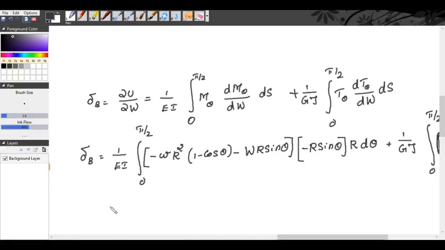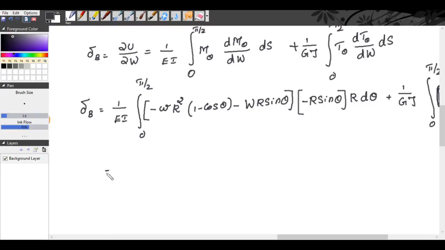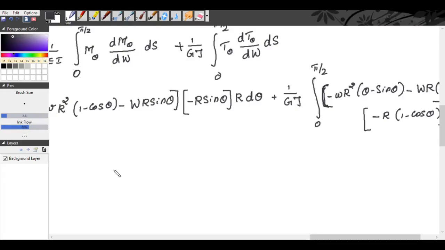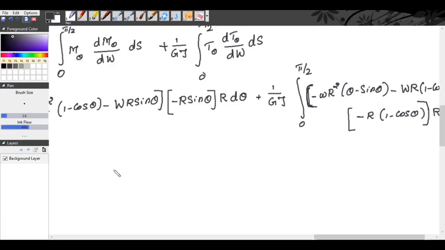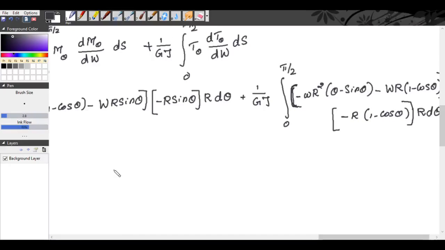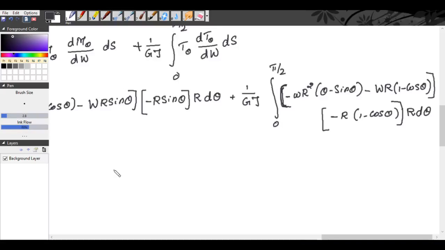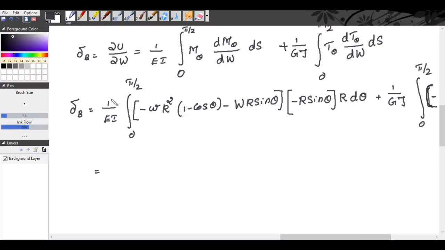So this is equal to minus r into 1 minus cos theta. Okay. So this is equal to 1 by EI into the integration of 0 to pi by 2.